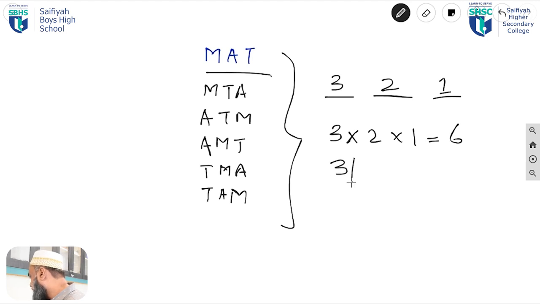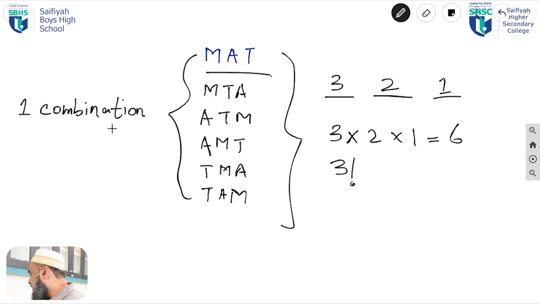So 3 factorial or 6 is the number of ways in which we can arrange the letters in the word MAT. There are 6 permutations of these letters, but there is only one combination, because in combination, as you know, the order does not matter.